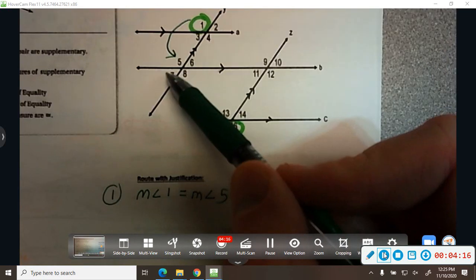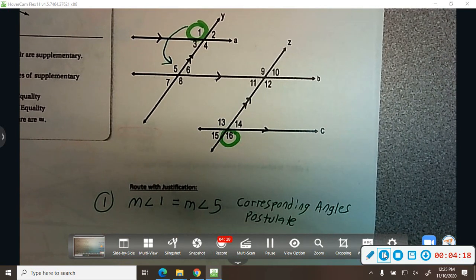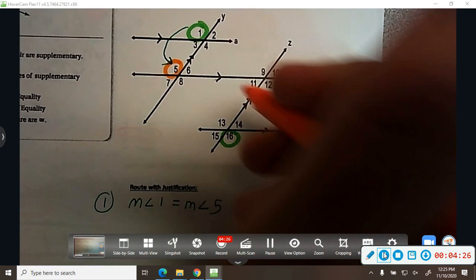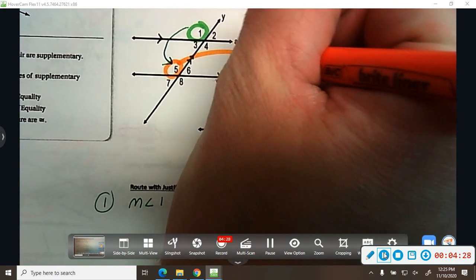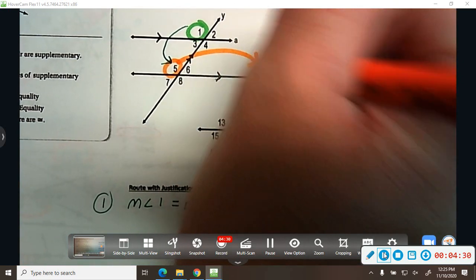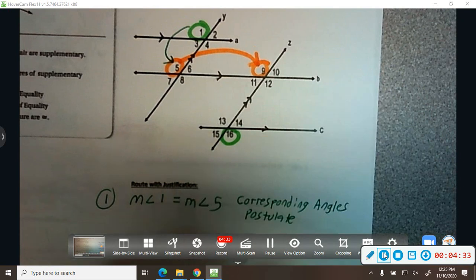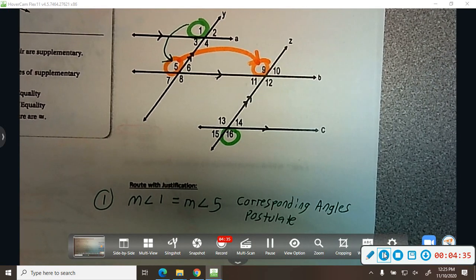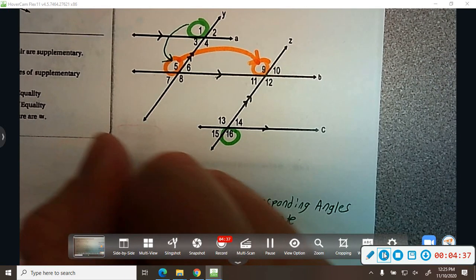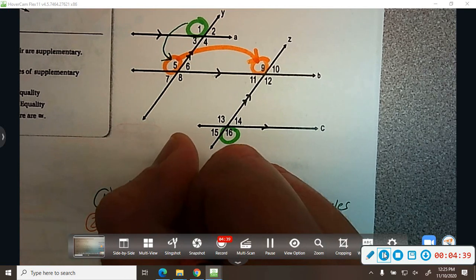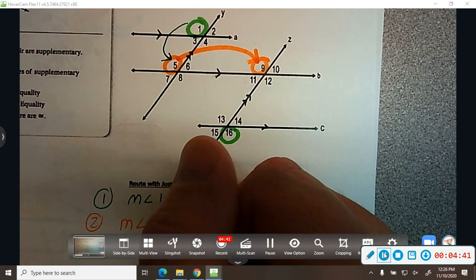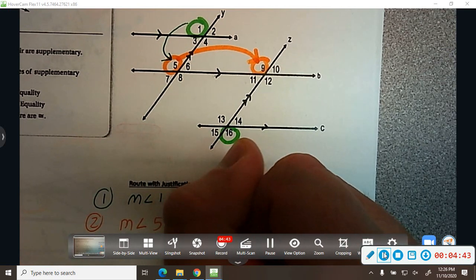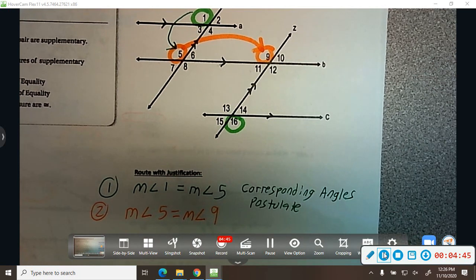So I want 1 to 5. Now, I'm going to go 5 to 10, or we'll go 5 to 9. And I could use the same excuse. I could say that measure of angle 5 is equal to measure of angle 9. Why? Because they're corresponding angles.